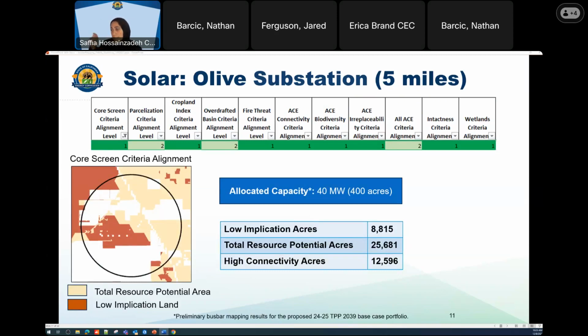And the table at the top shows all of the criteria alignment levels for each of the land use and environmental factors that you can find in the busbar mapping dashboard. And the image on the left shows a visual of what this area of analysis can look like when using the geospatial data sets that I described above.